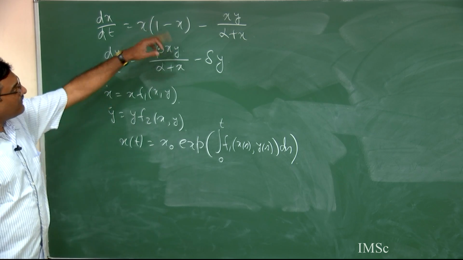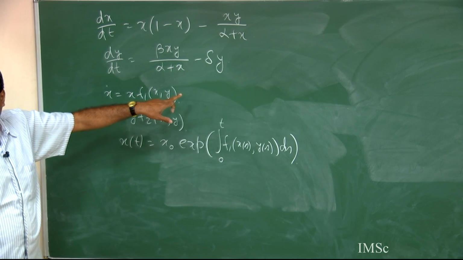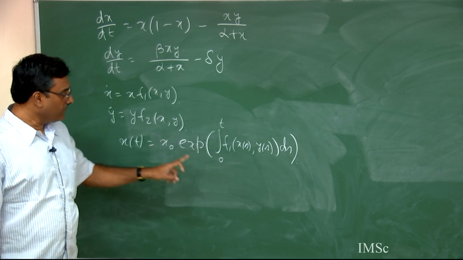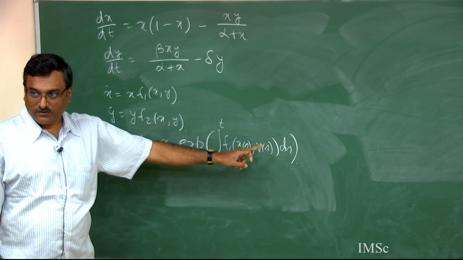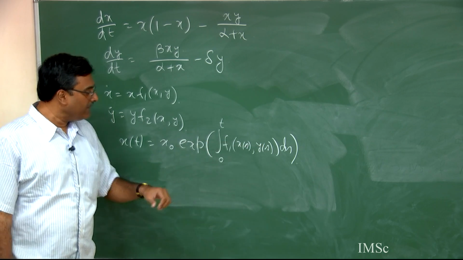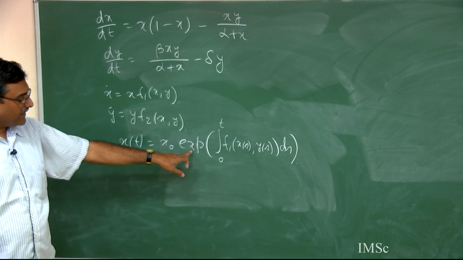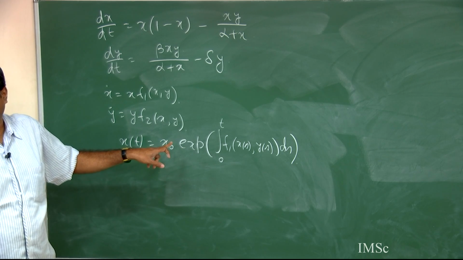So the factor multiplied with x is a continuous function of x and y, and therefore a continuous function of s. So therefore this integral exists. In other words, this is Riemann integrable, and therefore if you start from a positive initial condition, due to the presence of the exponential function, the solution will always remain non-negative.